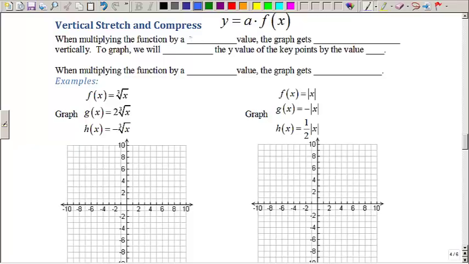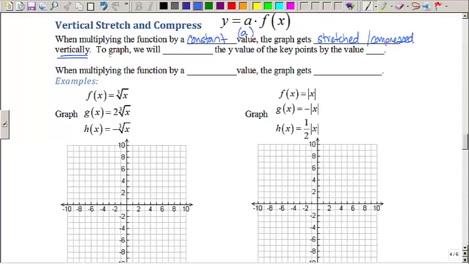When multiplying the function by a constant value, which in this case we'll call a, the graph gets stretched or compressed. And this is getting stretched or compressed vertically.